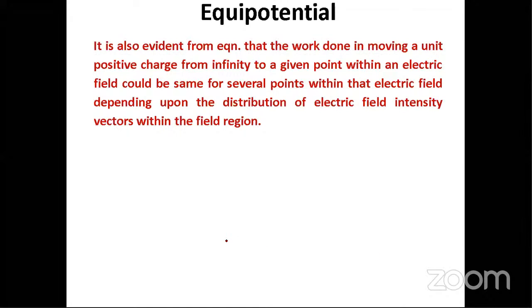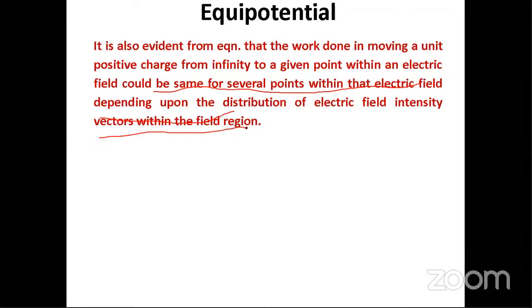Okay, so in the previous case, what we saw is that the work done in moving a unit positive charge from infinity to a given point within an electric field could be the same for several points within that field, depending upon the distribution of electric field intensity vectors within the field region.